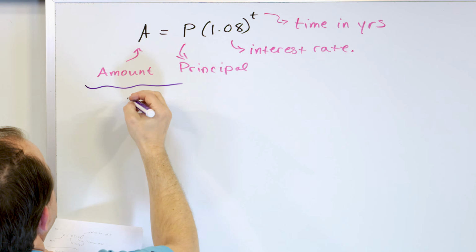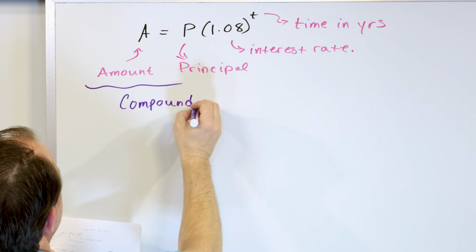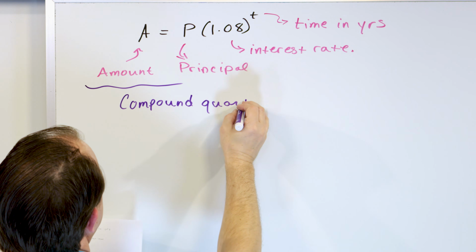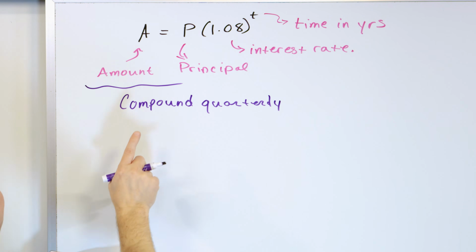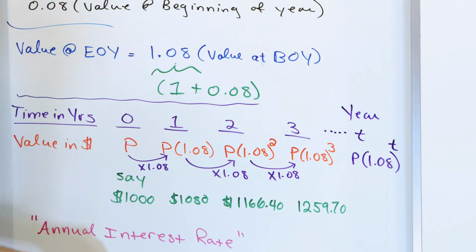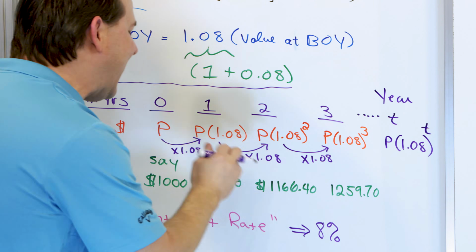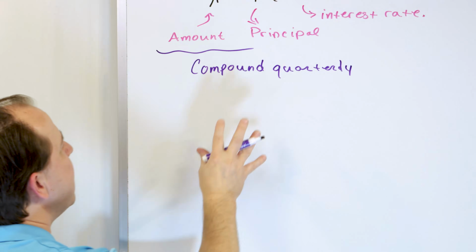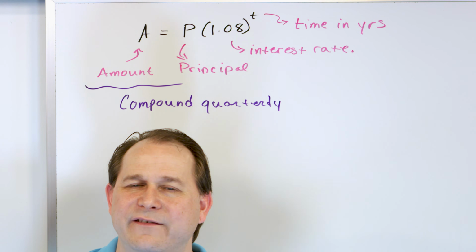But what happens is when you compound quarterly, let's talk about this. Let's just write it down. Compound quarterly. All right, what does it mean? What it means is if I take that annual percentage, remember the annual interest rate in this example here was 8%. That means I get 8% a year, the annual interest rate. But when I compound quarterly, I'm not going to give you 8% every quarter. That's crazy. That's too much free money.